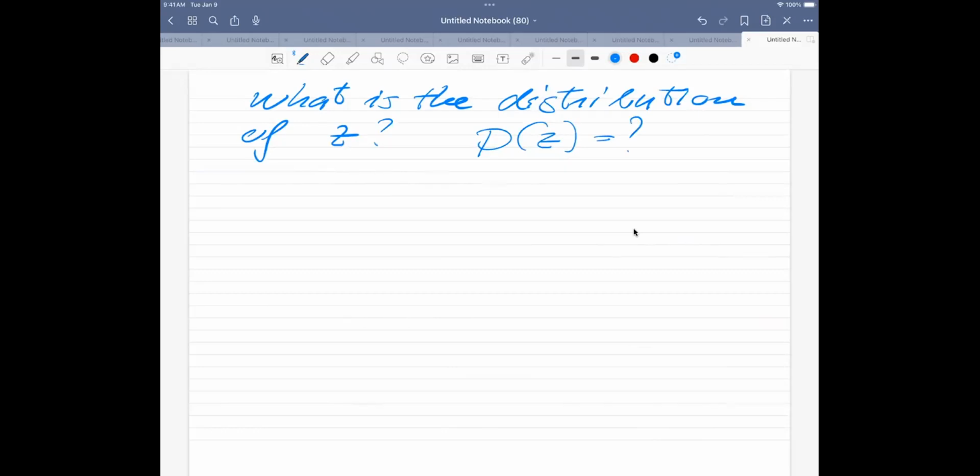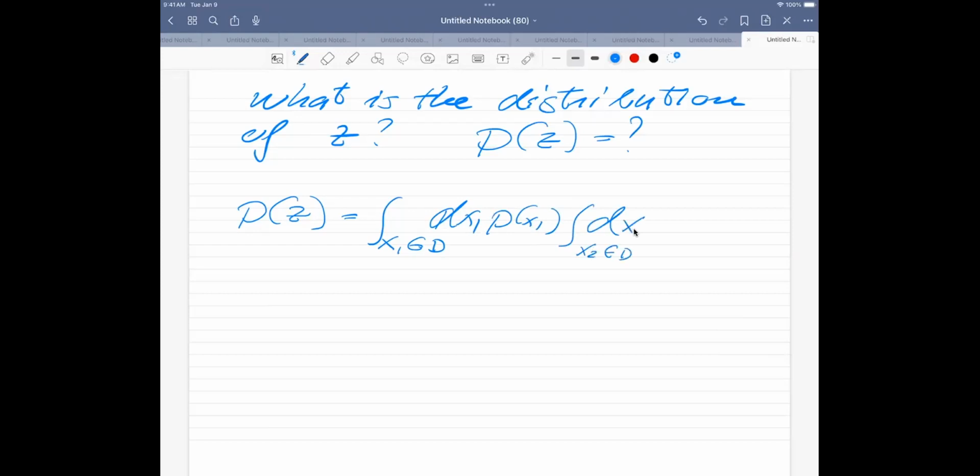So what I could do now is simply to set up an integral where we now have an integration, and these x's are in the same domain. So I have an x1 in the domain D, and I have my dx1 of p of x1, and then I have a new one where I have an x2 in the same domain, dx2 of p of x2.